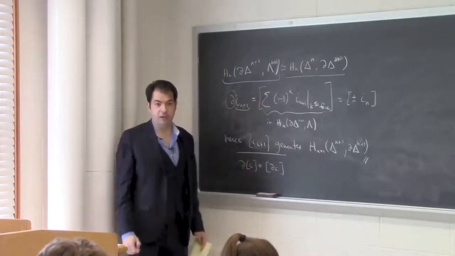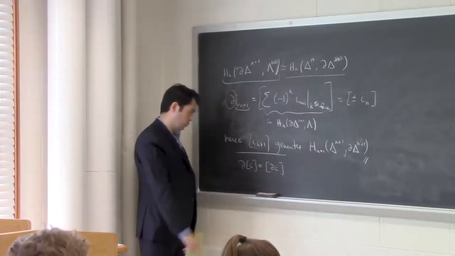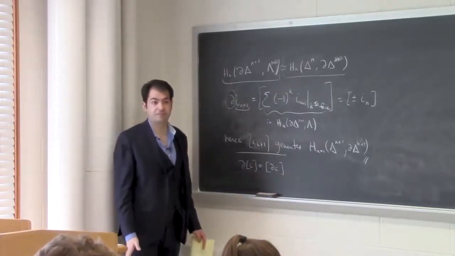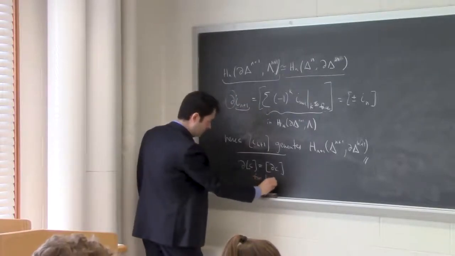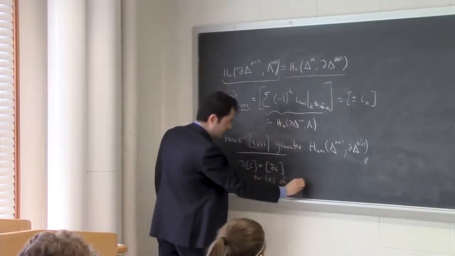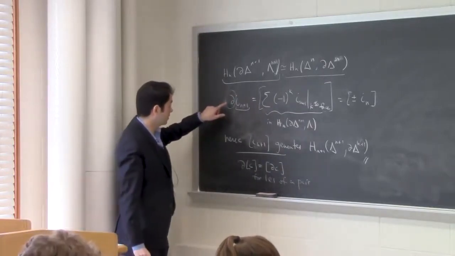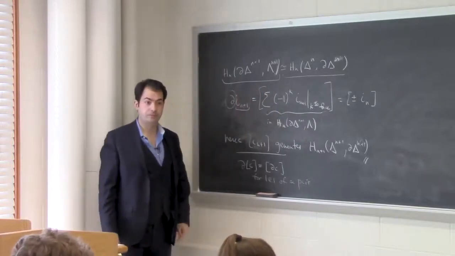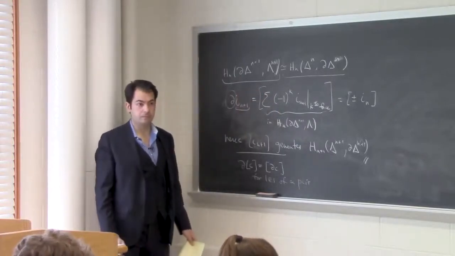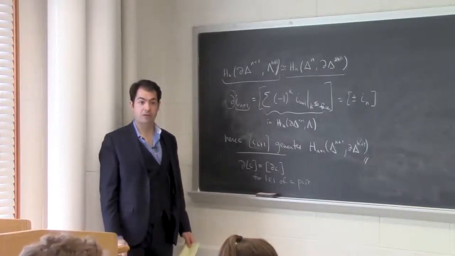So that's why we have this confusing confluence of notation. This is for the long exact sequence of a pair. So that's why here we can compute the connecting homomorphism by just taking the boundary. Okay, more questions on this?